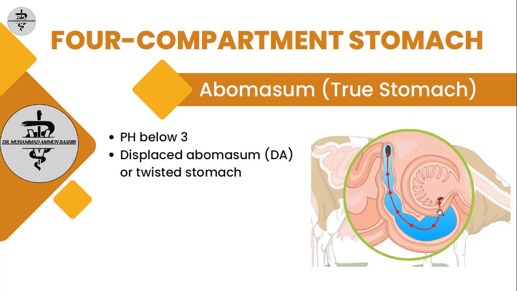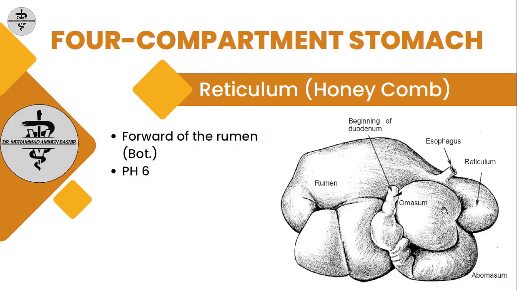Abomasum pH remains below 3. There is a condition in cows called displaced abomasum or twisted abomasum, which occurs usually in cows on commercial as well as corporate farms. In this condition the abomasum changes from its normal position to an abnormal position. Here is the cow's stomach, and here is the abomasum, present on the right side of the cow.